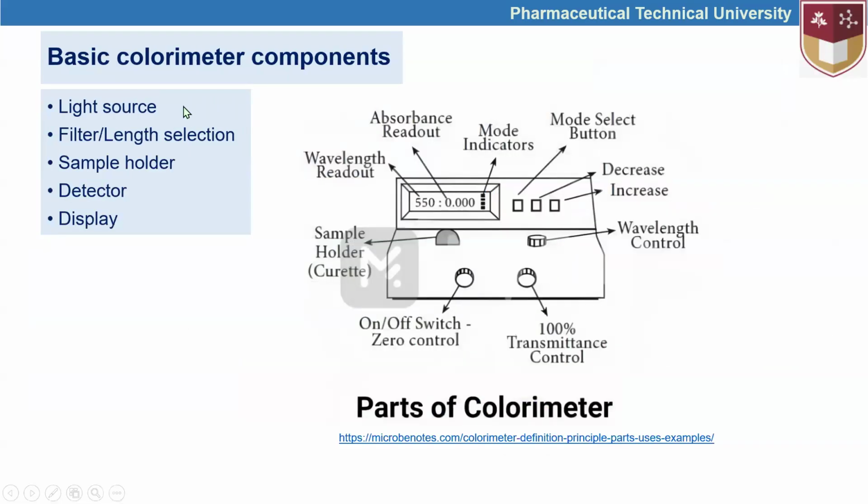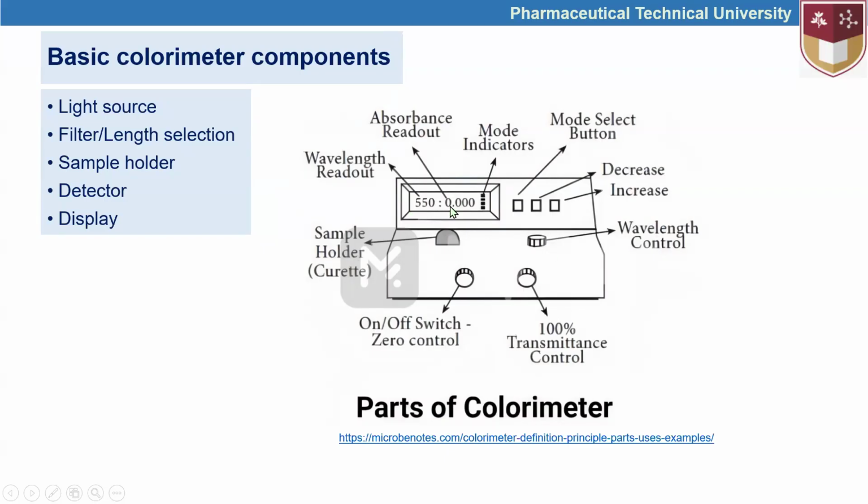And here we can see the basic colorimetry components. They are equipped with a light source, as I spoke about. They are equipped with filters, sample holders as shown here, and detectors, which should be inside somewhere, it's not shown here.